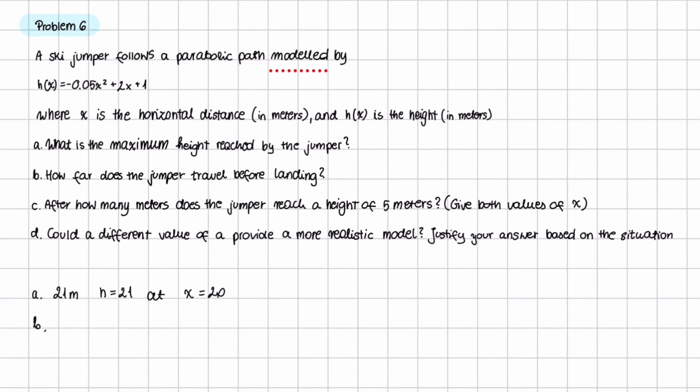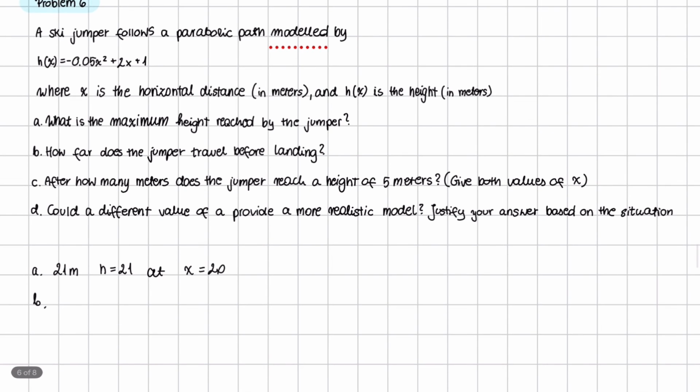B. How far does the jumper travel before landing? So our jumper lands when y, or h in our case, is equal to 0, because when h is equal to 0, the height is equal to 0. So we have to find when our h is equal to 0.